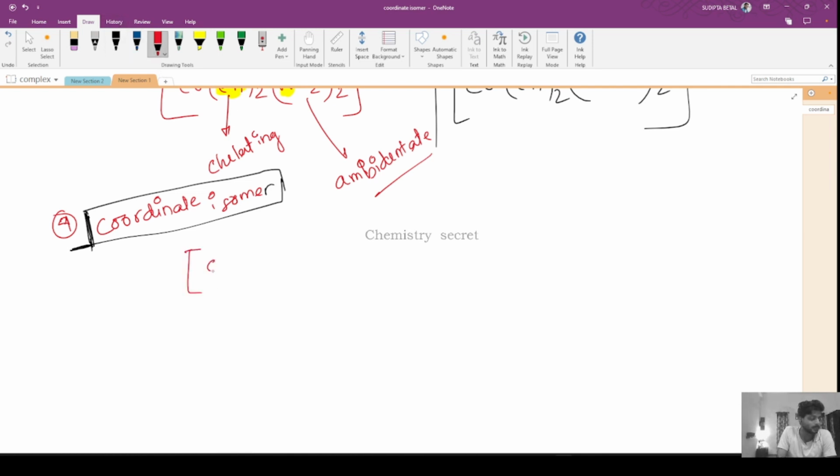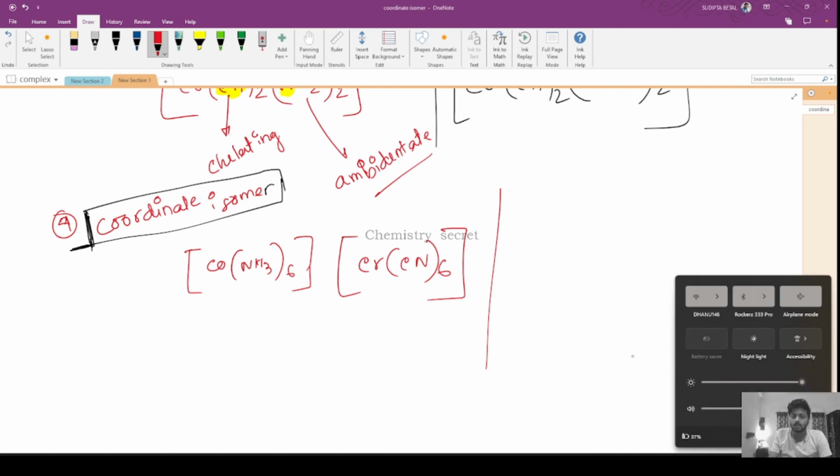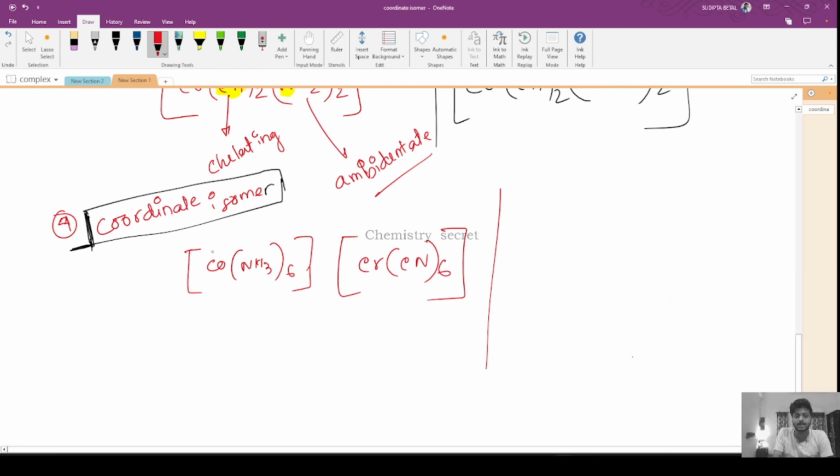Like if we take an example, cobalt NH3 whole 6 and chromium CN whole 6. This is an example where two complexes are written at a time. So what is the isomer of this coordinate isomerism? If we find the isomer, we have to exchange the ligands. Here we can see that ammonia is bound to cobalt and CN is bound to chromium.